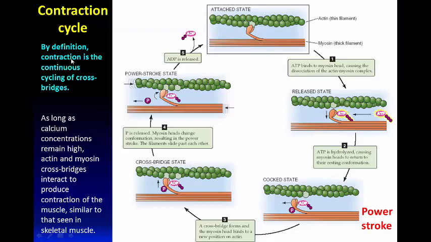So by definition, contraction is the continuous cycling of cross bridges between the globular heads of myosin and their binding sites on the actin molecules.